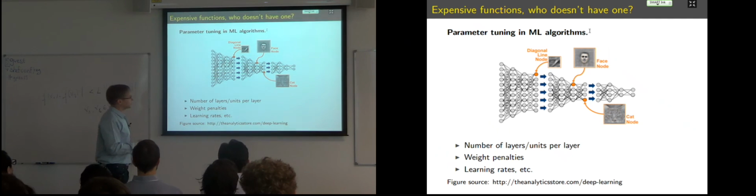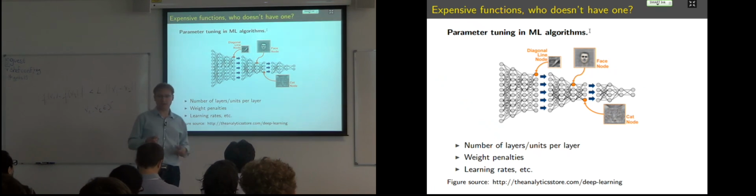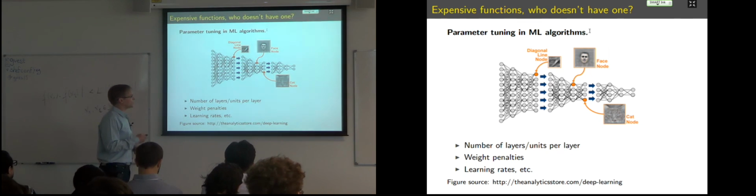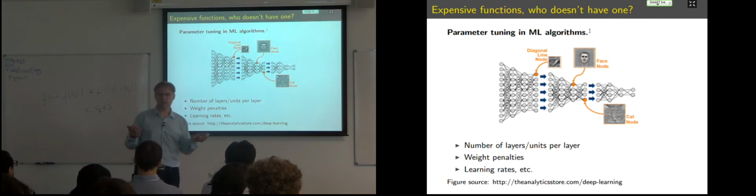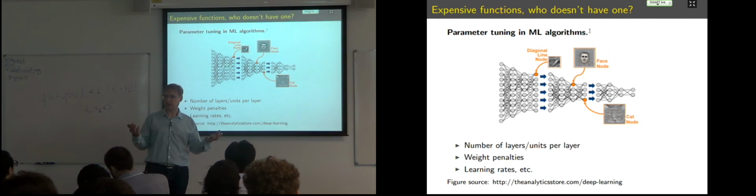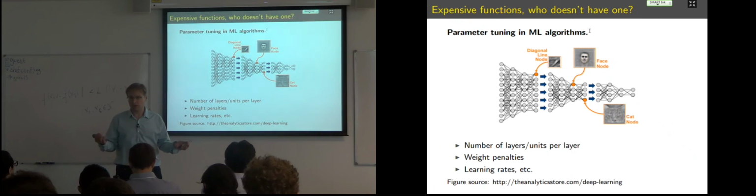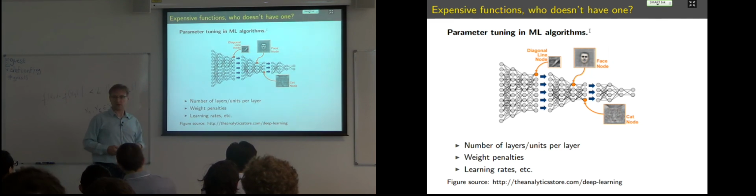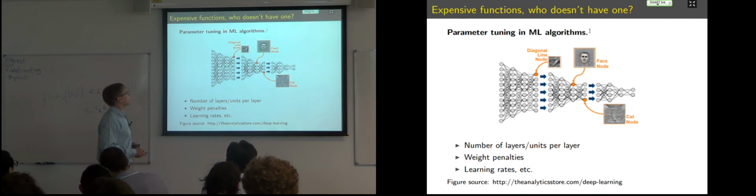You can imagine a deep model with a number of layers, a number of weight penalties, etc., and you want to train the model on a very large data set. Every evaluation of the model for a set of parameters will probably take hours, so tuning the parameters is going to be difficult.